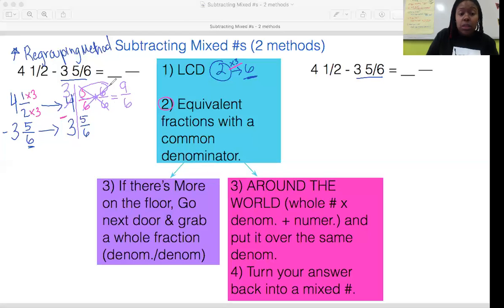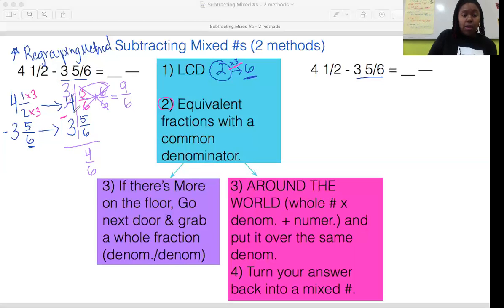Now we're done with this. I'm only crossing it out because I don't want to try and subtract from that, we don't need it anymore. We're going to use 9/6. Well, I can do 9/6 minus 5/6. I can do that now. So now we're just going to subtract. My denominator stays the same, and 9 minus 5, well, that's 4.